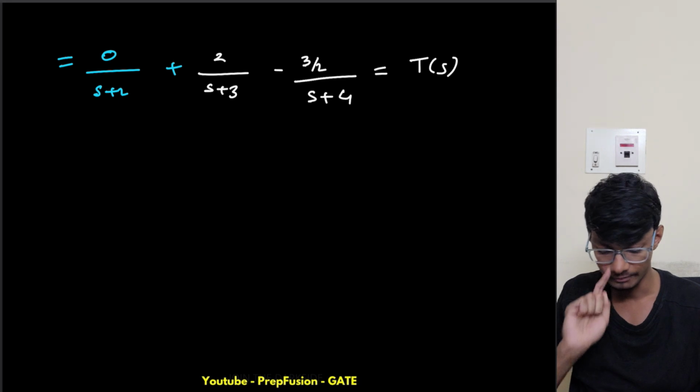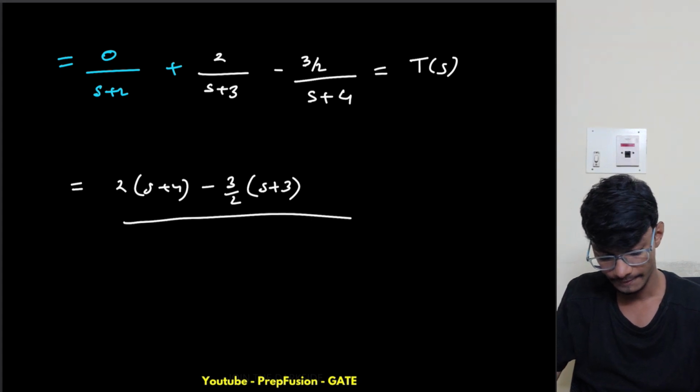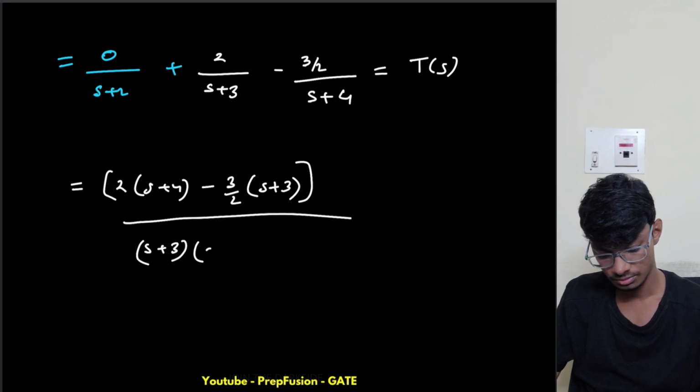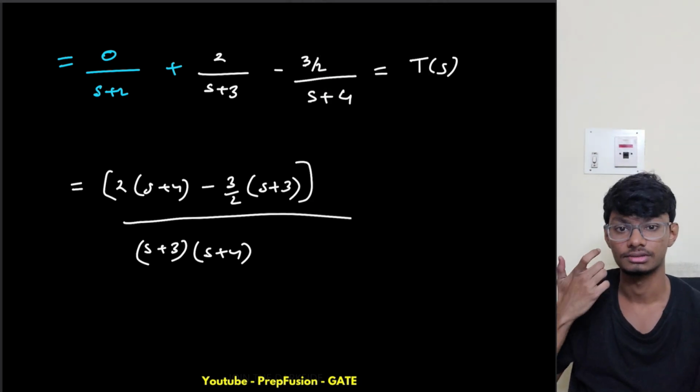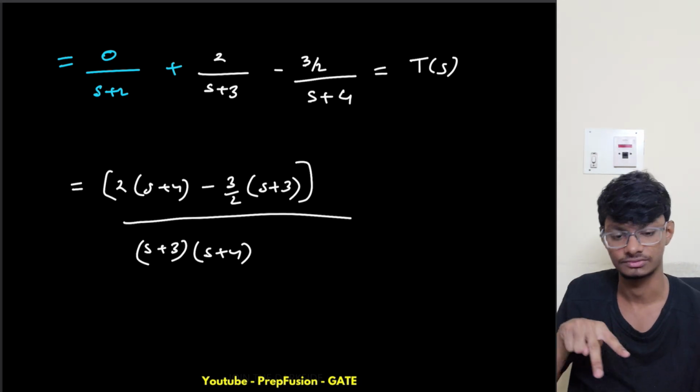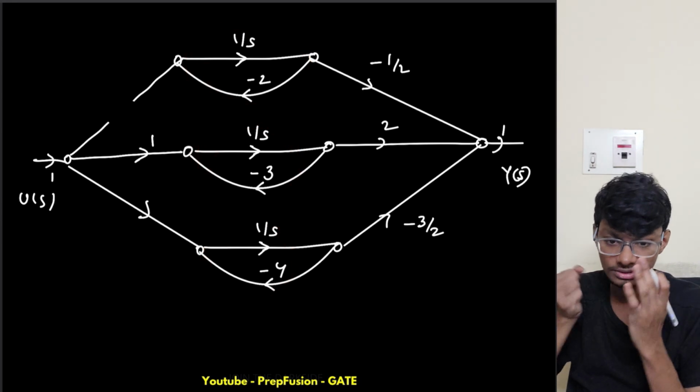So what is the important thing here? Again, I will write 2 into s plus 4 minus 3 by 2 into s plus 3, divided by s plus 3 into s plus 4. You might say it is a second order transfer function, but I'm using 3 integrators. That's why this is not a minimal set.